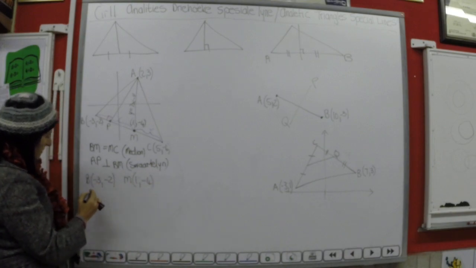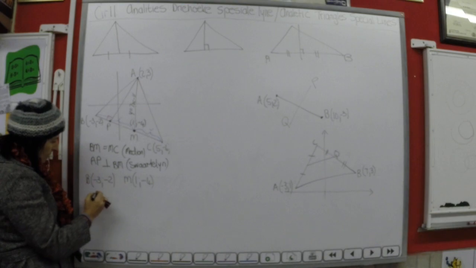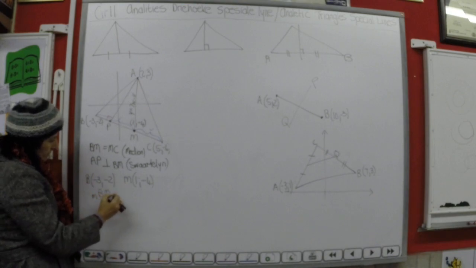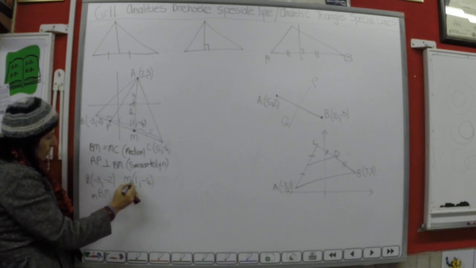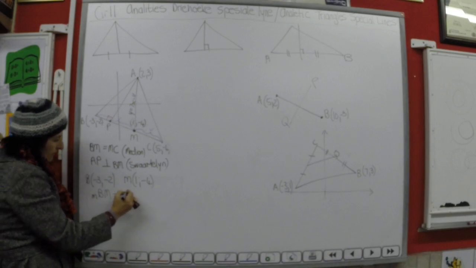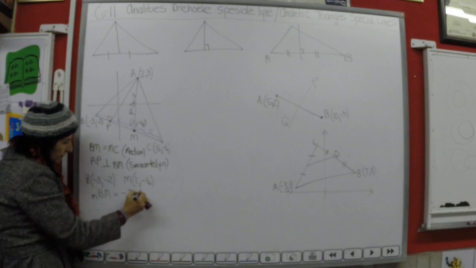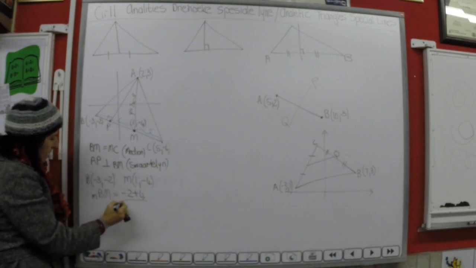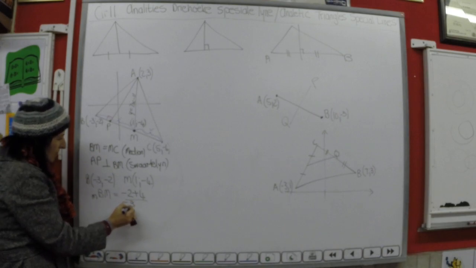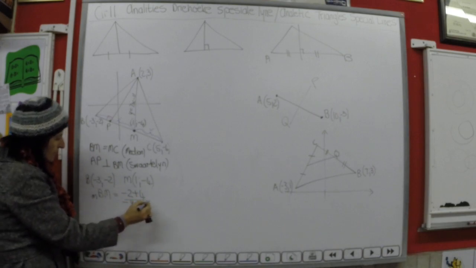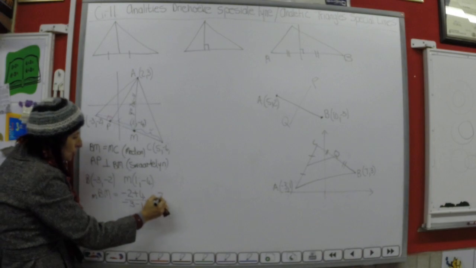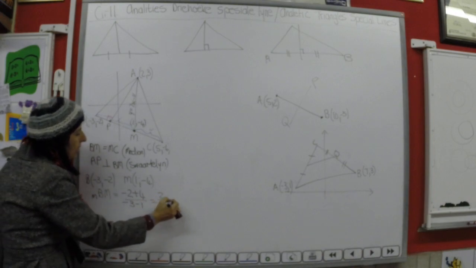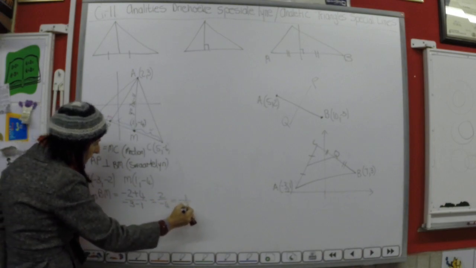So sy gradient, the gradient of BN, is going to be the difference in Y, so ek gaan sê minus 2 minus 4 op die verskil in X, minus 3 minus 1, that's going to give me 2 on minus 4, and that's going to be minus a half.